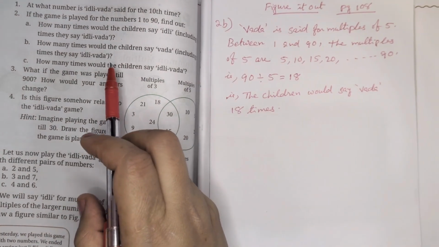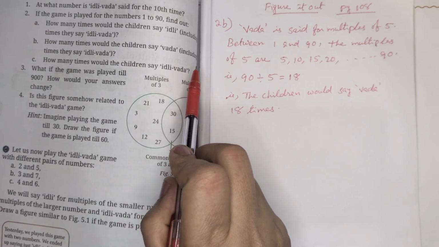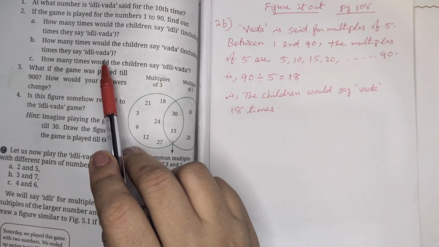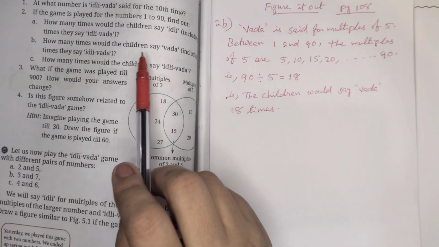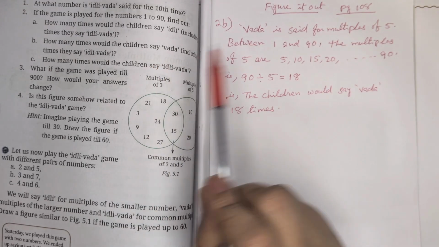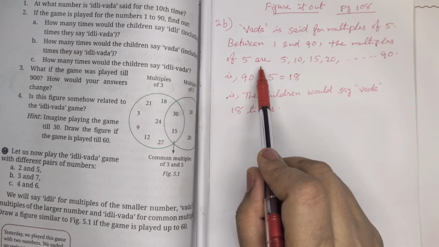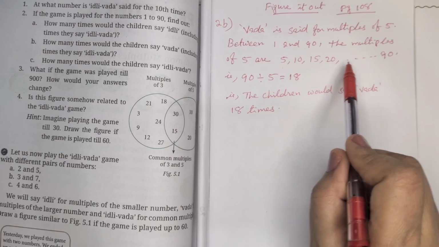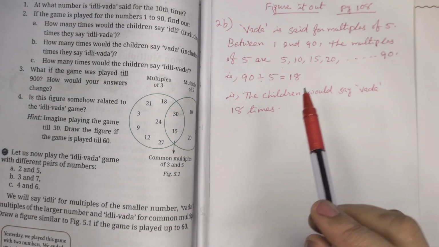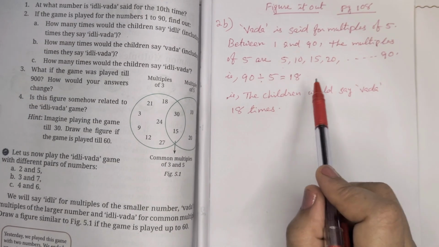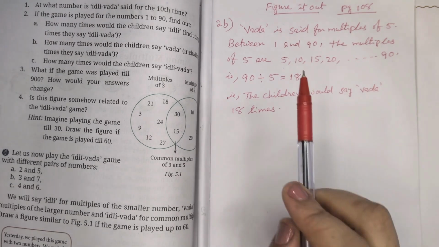Now 2b: how many times would the children say Vada, including the times they say Idli-Vada? Vada is said for multiples of 5. Between 1 and 90, the multiples of 5 are 5, 10, 15, 20, etc., up to 90. So how many multiples of 5 are there between 1 and 90?